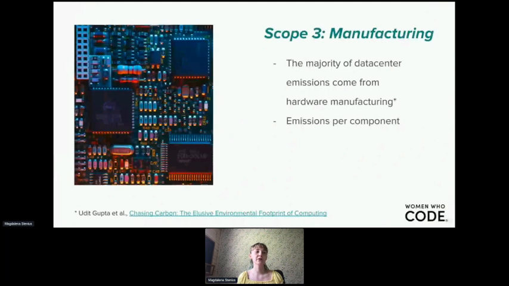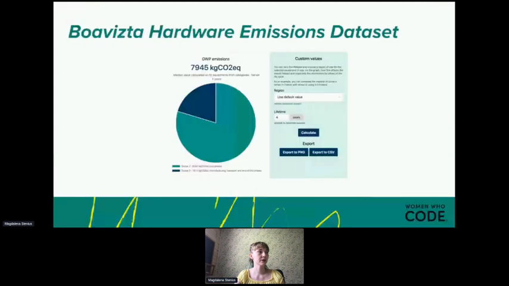So for each component in the server, what are the emissions of that? A company called Boavizta has done amazing work building this hardware emissions dataset, where they're gathering different servers, also laptop computers, also monitors, even mobile phones, and documenting their manufacturing emissions.